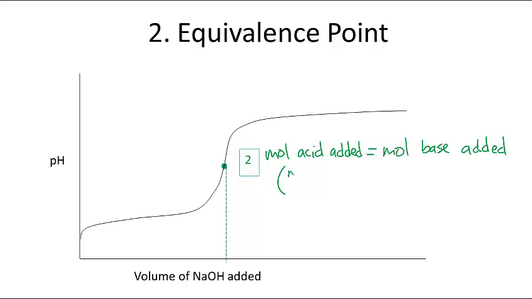is moles per liter times liters. So moles of acid per liter times liters of acid is going to equal the moles of base per liter times the liters of base.